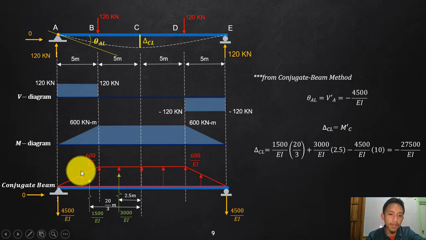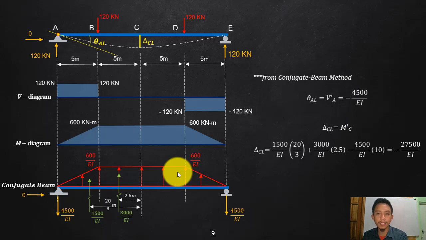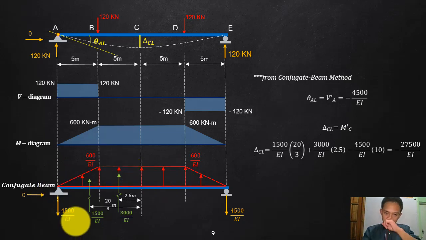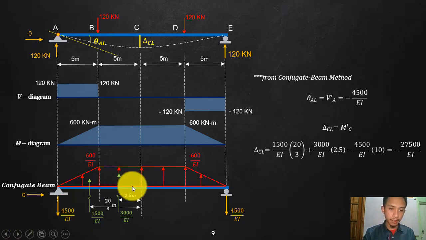If you assume the positive clockwise and you are using this, the clockwise will be negative, okay? So that is a recall in your theory 1 again. So all I need to do is get the moment at point C.